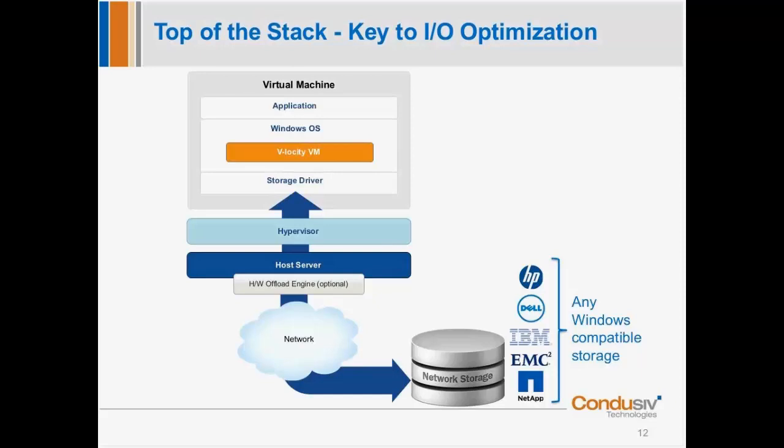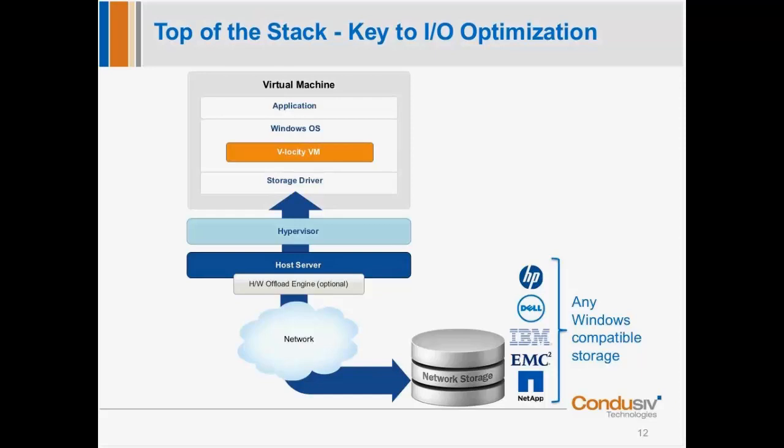Now, the beauty about being located inside the operating system is that you can think of us as the meat in the sandwich. We have the operating system above us and below us, which makes us agnostic to the application above us and independent of the storage below us, which means you don't have to worry about a large compatibility matrix. Velocity does not change anything related to the I/O.